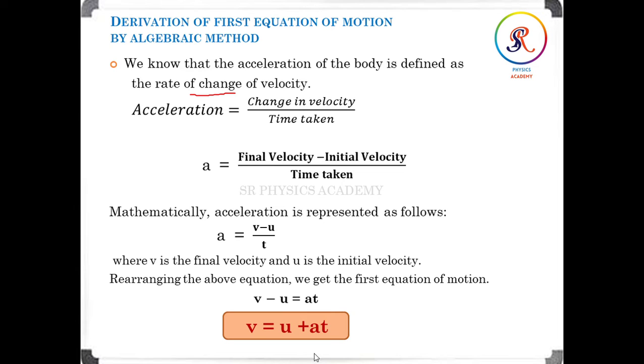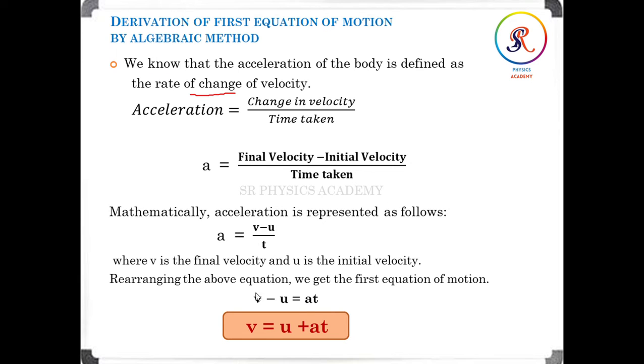How did we prove it? By algebraic method. In the algebraic method, you have to remember only the formula of acceleration. We know acceleration is nothing but rate of change of velocity by time taken. What is change in velocity? Final velocity minus initial velocity. Clear? Now we just put the values here, that means the symbols V minus U by T. Rearranging this equation, we will get V minus U equal to AT.